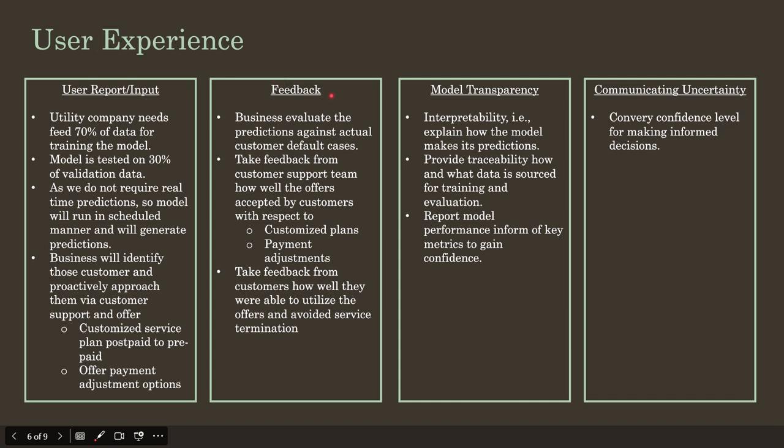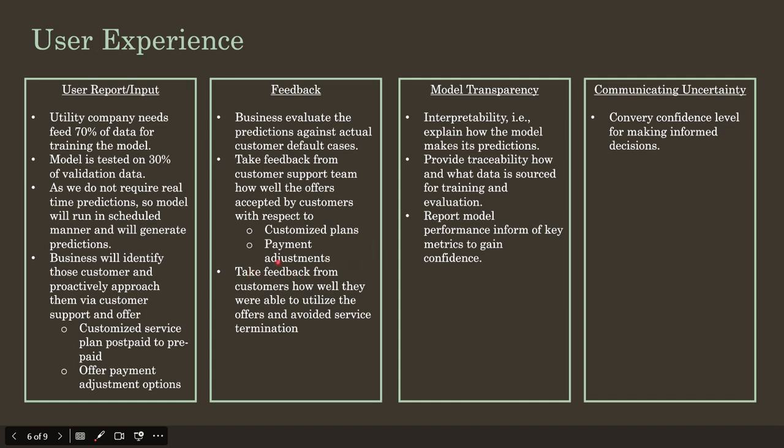So feedback, as we build this model, we need a continuous feedback, where we want business to evaluate the prediction against the actual defaults which we are observing once this model goes to production. We take feedback from the customer support team on how informed they are with respect to the prediction which this model is making, and how it is helping them to engage with the customers and suggest a customized plan or a payment adjustment.